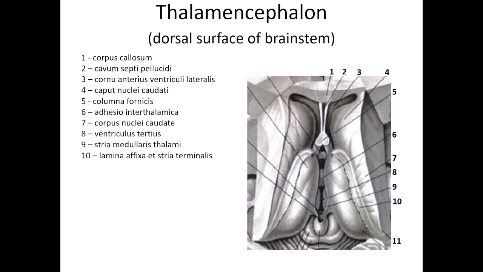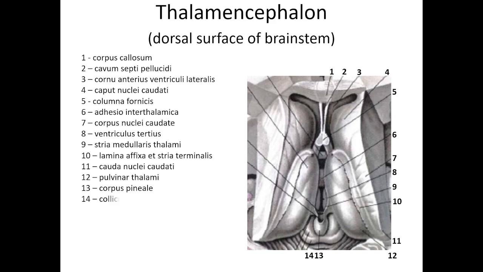Then number 11, cauda nuclei caudati. Number 12, pulvinar thalami, posterior part of the thalamus. Number 13, corpus pineale or epiphysis.